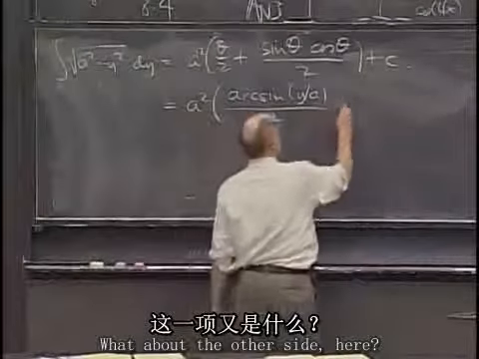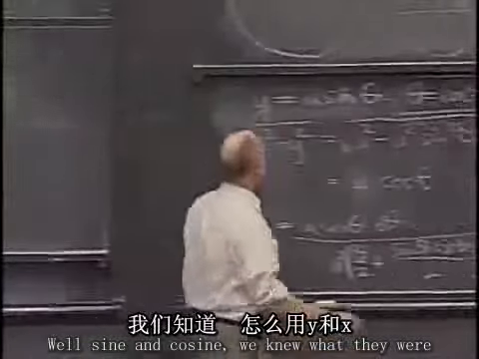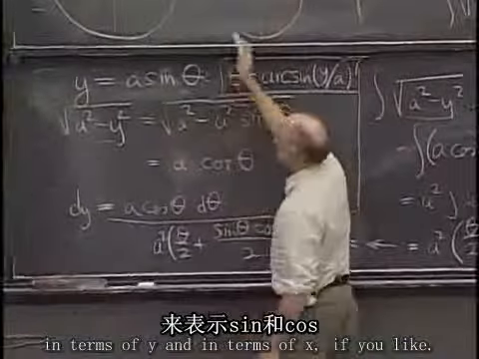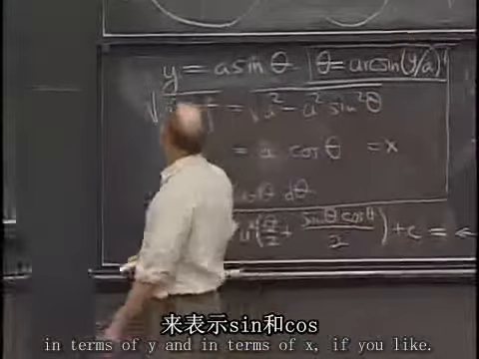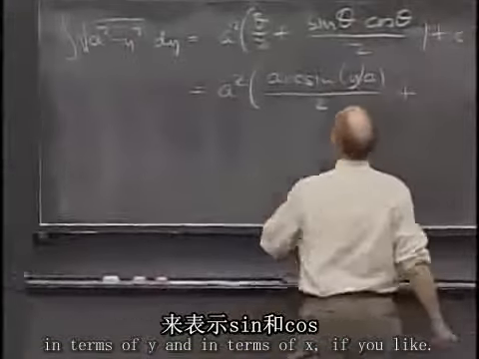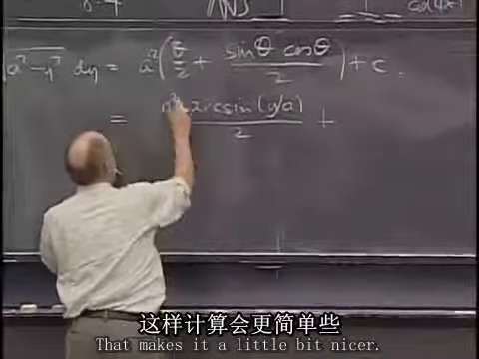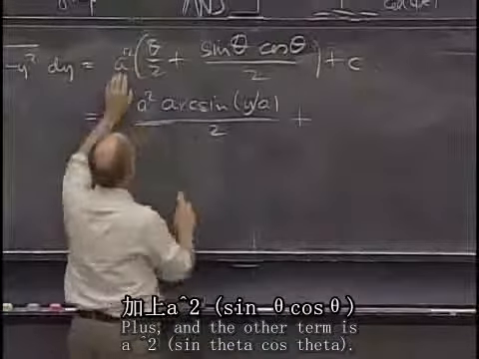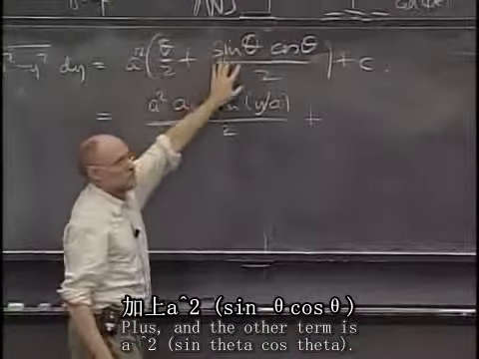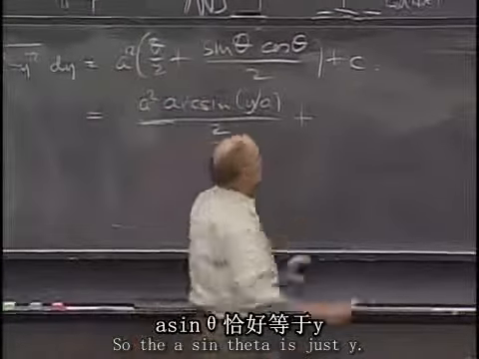What about the other side here? Well, sine and cosine, we knew what they were in terms of y and in terms of x, if you like. Actually, maybe I'll put the a squared inside here. That makes it a little bit nicer. Plus, the other term is a squared sine of theta cosine of theta. So a times sine of theta is just y.